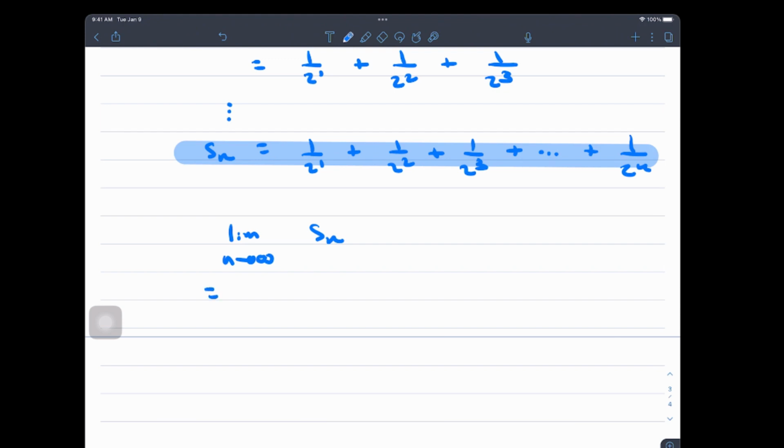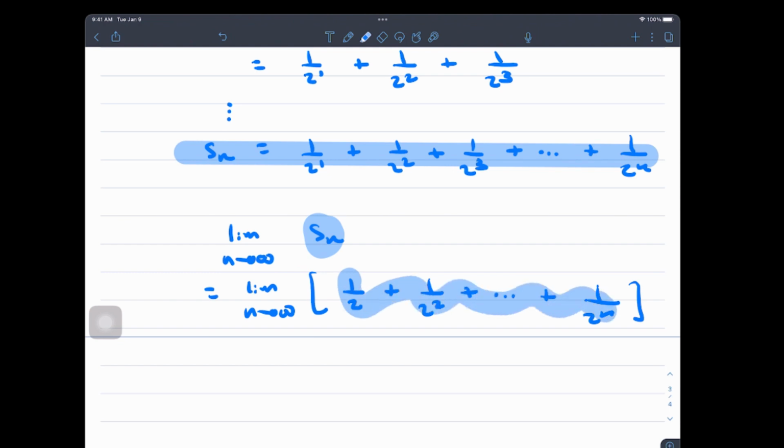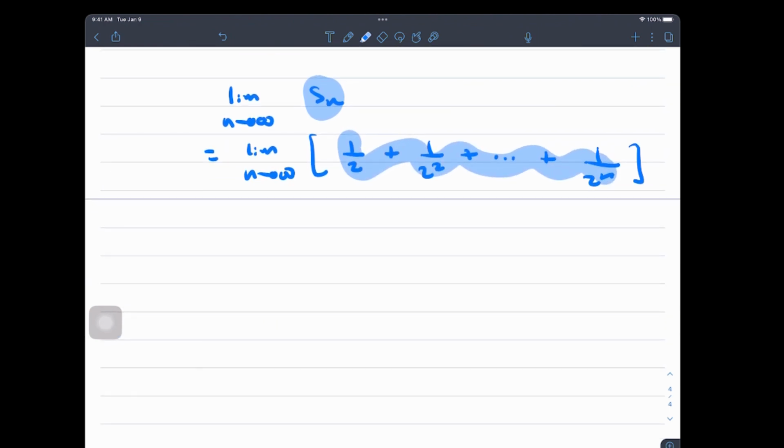And you tell me, is that going to be the limit, again, n goes to infinity of, what's this? 1 over 2, 1 over 2 squared, 1 over 2 to the nth power. And we have to find if this limit converges. You guys with me on that?